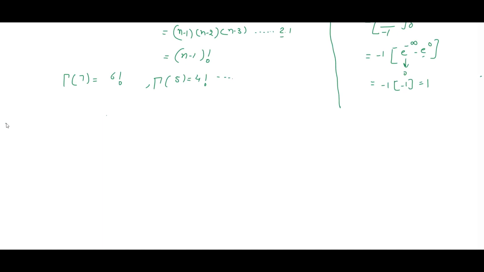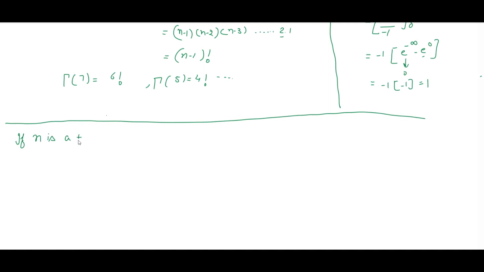Now we will see one more application of gamma function. So if n is a positive fraction such that n is greater than 1, it means n is not an integer but a fraction, but n is greater than 1.